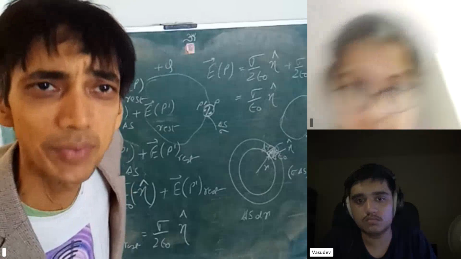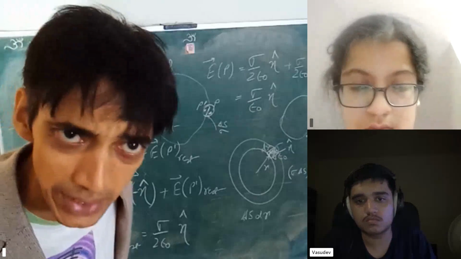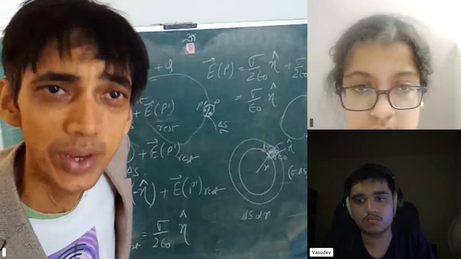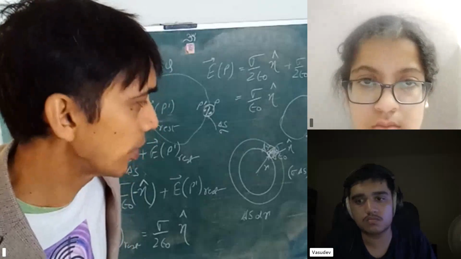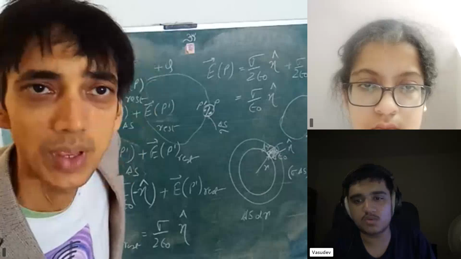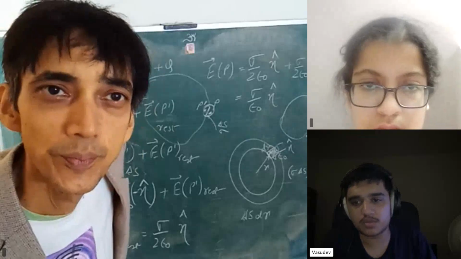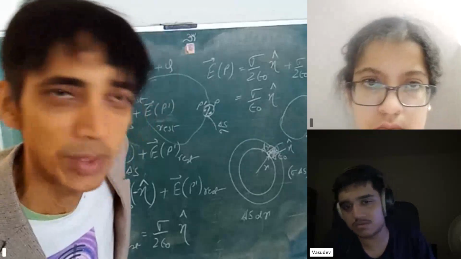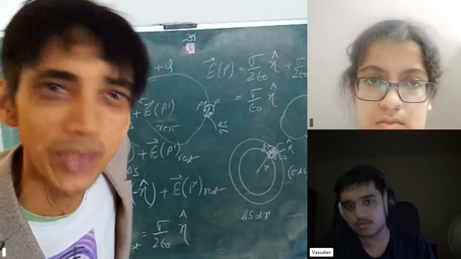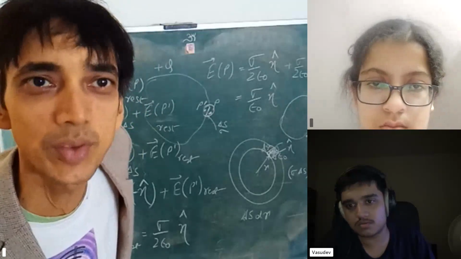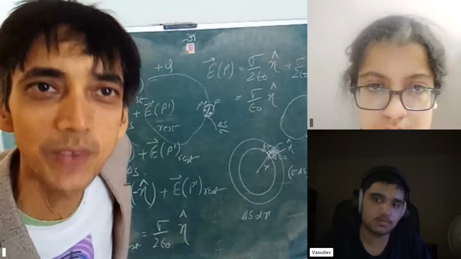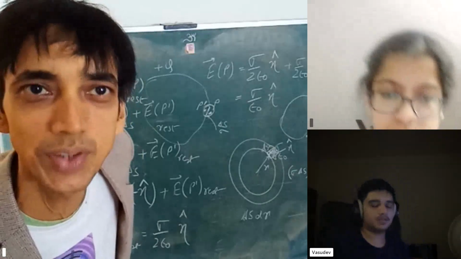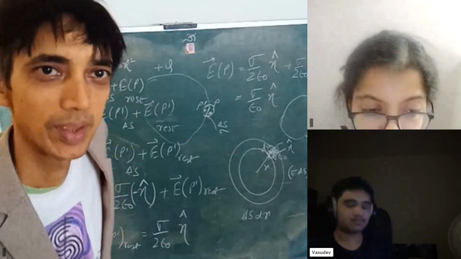As I've told you, half epsilon naught E square is the energy density. So we'll get to know how we get the half epsilon naught E square relation. So what is the quantity we just calculated? Sigma square over epsilon naught, that is also in sigma form. Same term, dear: half epsilon naught E square in sigma form. You can write electric field in sigma form, right? Yes.